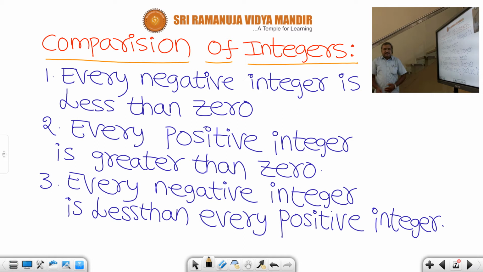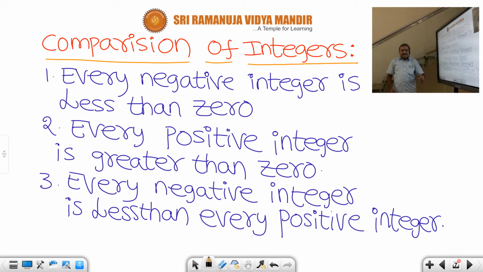The next topic is comparison of integers. Comparison means which one is greater and which one is smaller. In your earlier classes you have learnt that, suppose we take the numbers 2 and 5, you already know that 2 is less than 5.